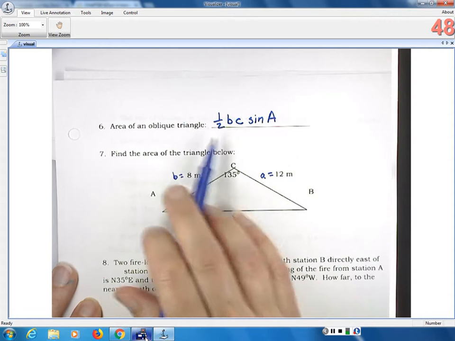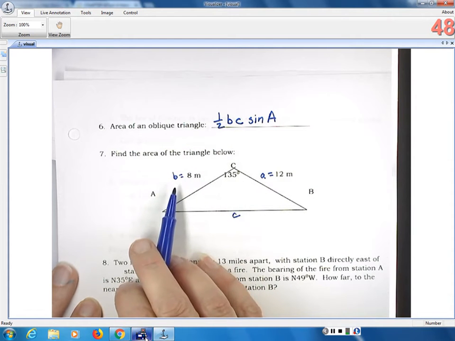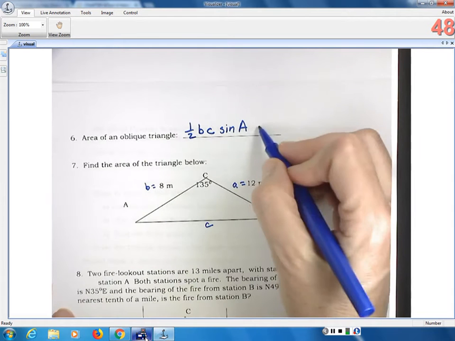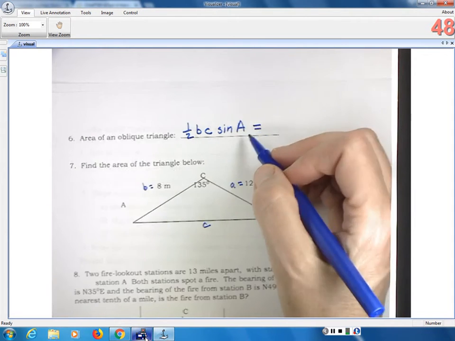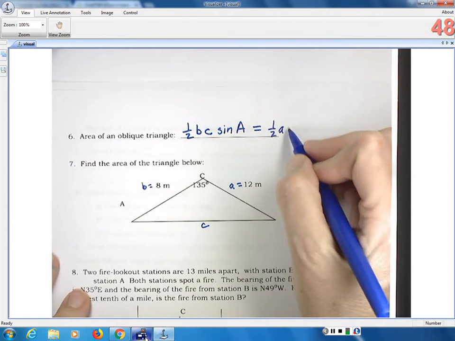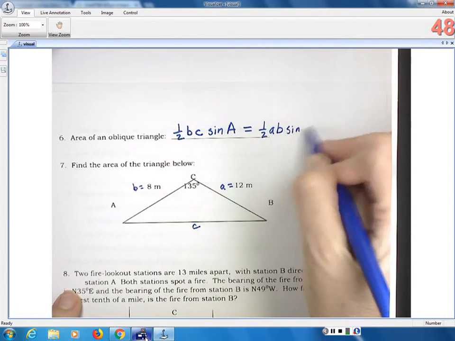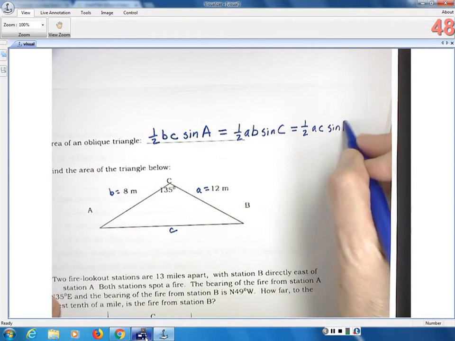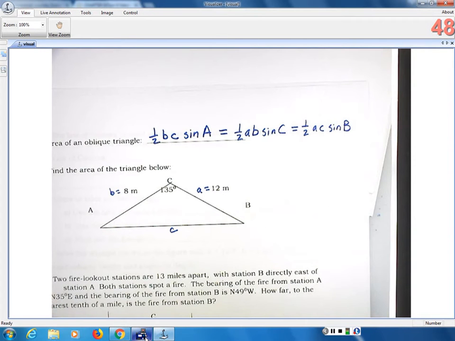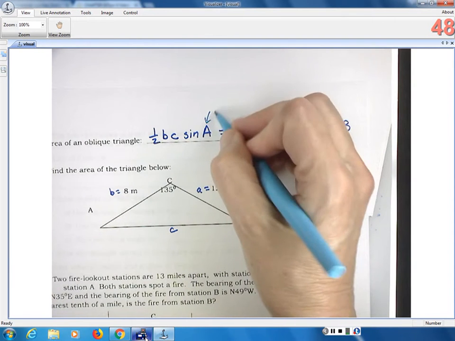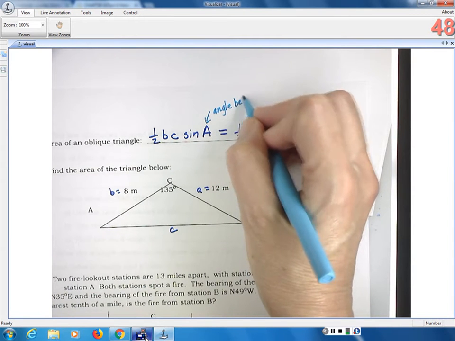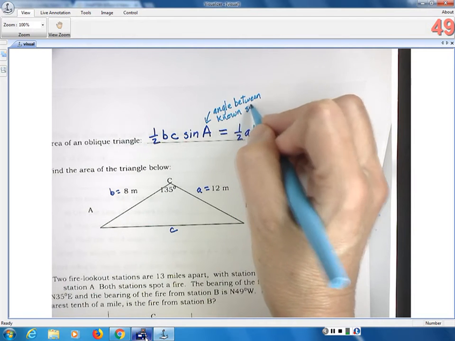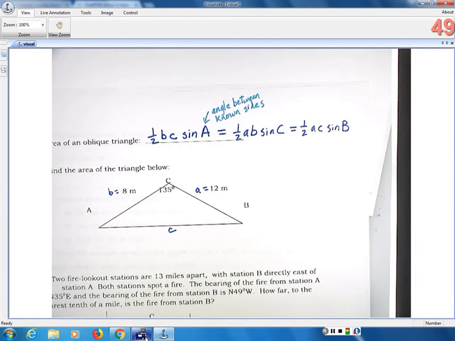So it can be written as 1/2 A times B times sine of C, or 1/2 A times C times sine of B. It's just the angle between the known sides.